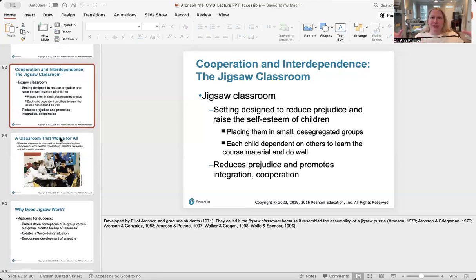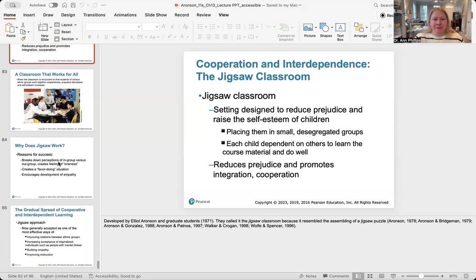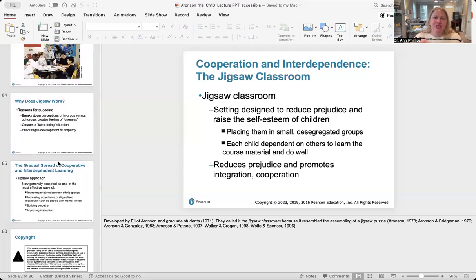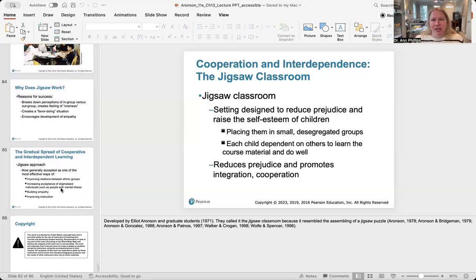Hopefully, the whole society is moving into a jigsaw classroom where neighborhoods are more diverse and you get to be around people and understand different cultures and backgrounds. But at least you can try it in school if it's not happening in the real world, and teach people literally while they're in school how to get along with people.